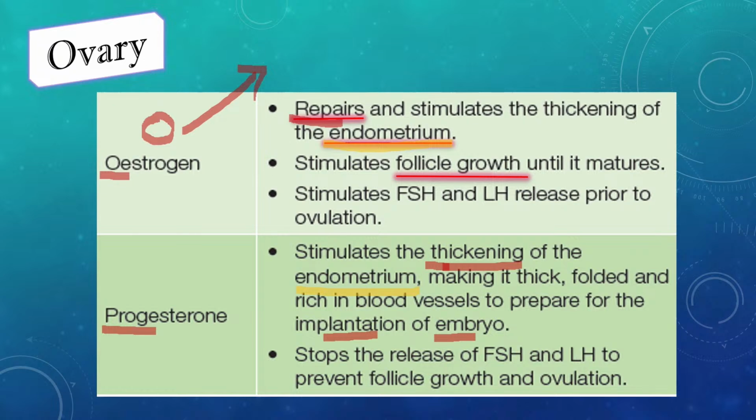Right? Okay, let's go through progesterone one more time. Progesterone is to stimulate thickening of the endometrium, and when this progesterone is high, right class, it will stop release of FSH and LH.